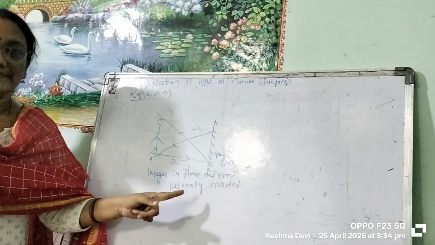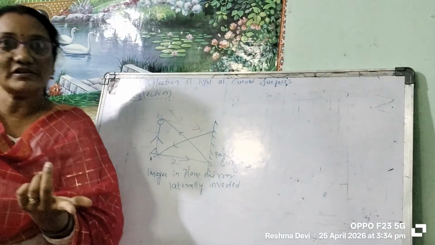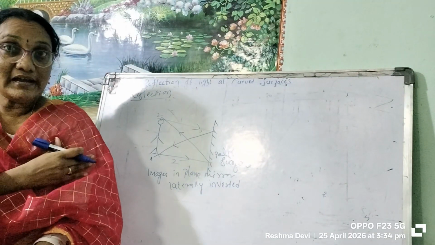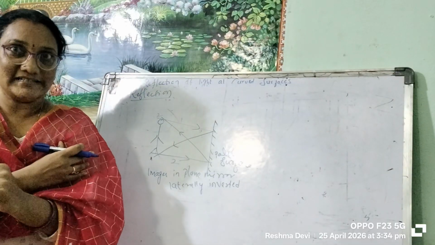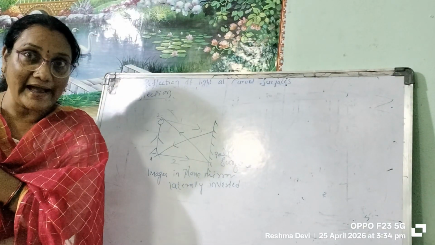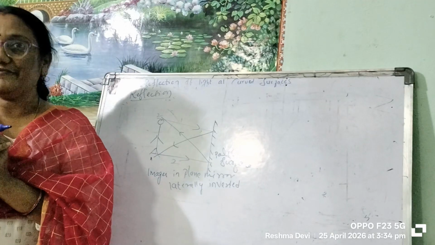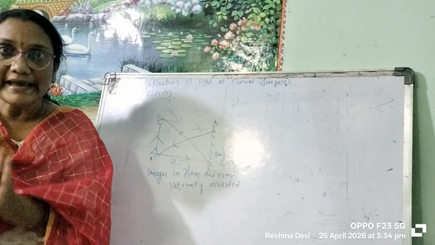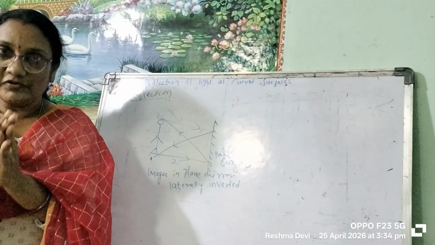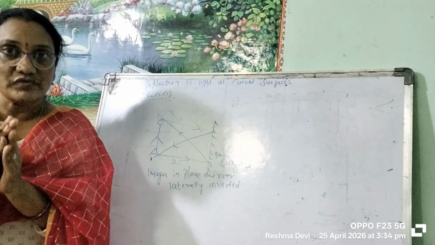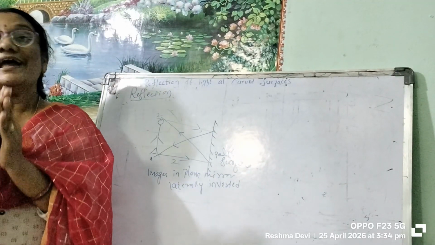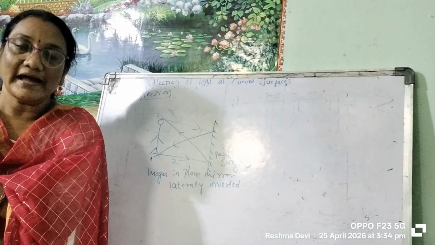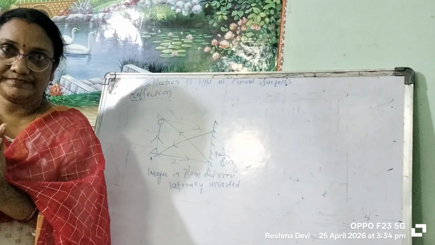Then how will we know whether it is inverted or not? When you stand in front of a mirror, your left hand appears as right and your right hand appears as left. This we call laterally inverted. For plane mirrors, the image will be laterally inverted. Lateral inversion means the left appears right, the right hand appears as left.